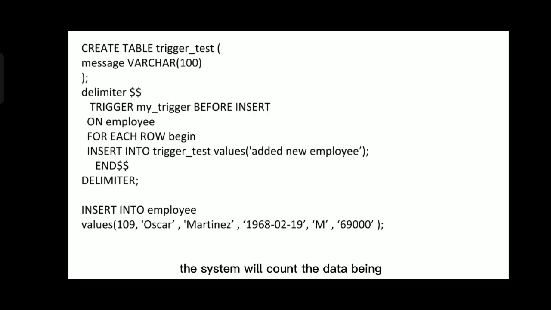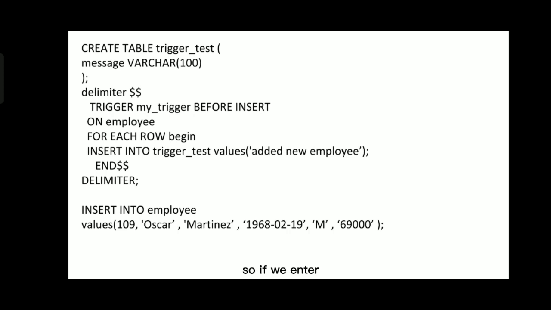So every time we prompt new data of an employee with an attribute, the system will count the data being registered, and then make a syntax output, added new employee. For example, we insert an employee attribute: insert into employee, the values are 109, Oscar Martinez, 1968, 0219M, then 69,000.